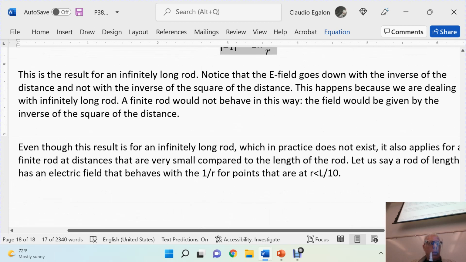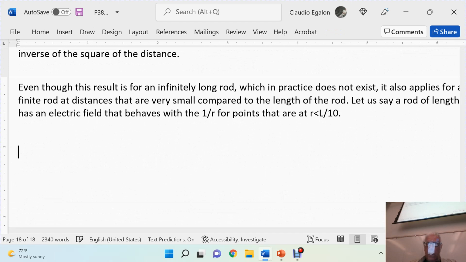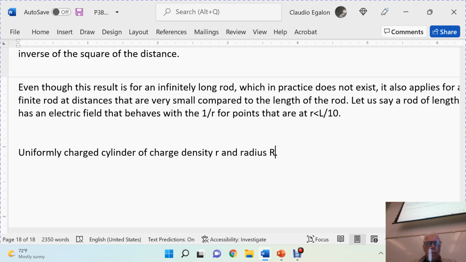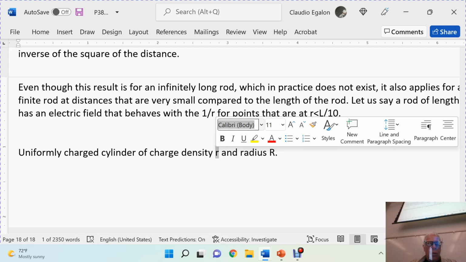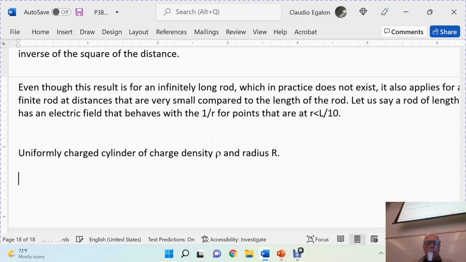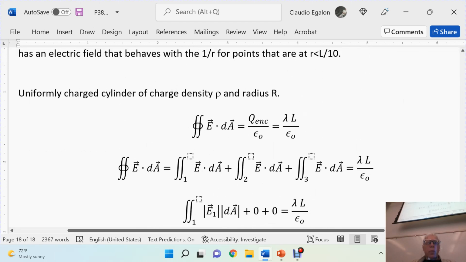Uniformly charged cylinder of charge density rho and radius big R. We're gonna use the same thing.